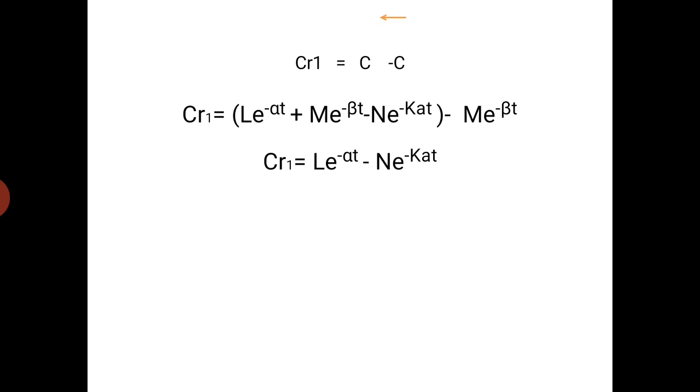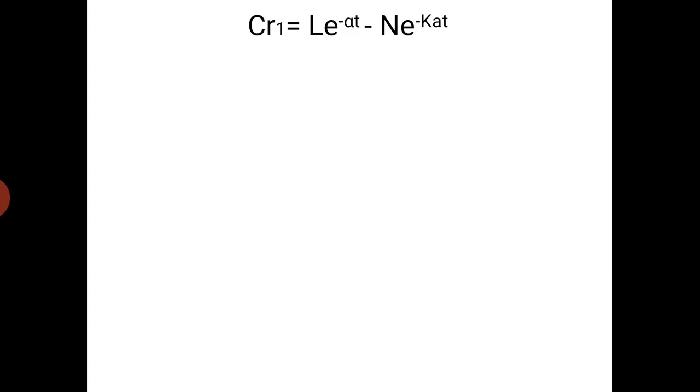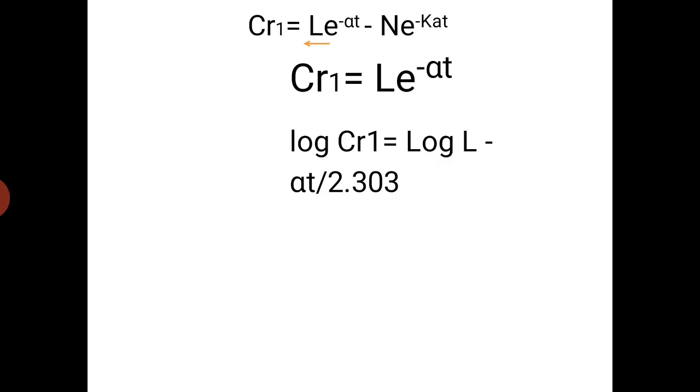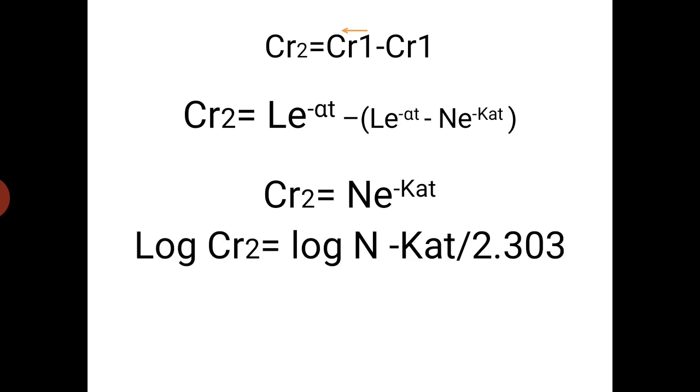From this you have to split and determine the mono-exponential curve. From this line you are finding out the CR1, that is Le raised to minus alpha t, that is the rate constant for distribution. You will get the value of alpha here, and finally you are determining the second residual line CR2, where you will get the value of Ka.